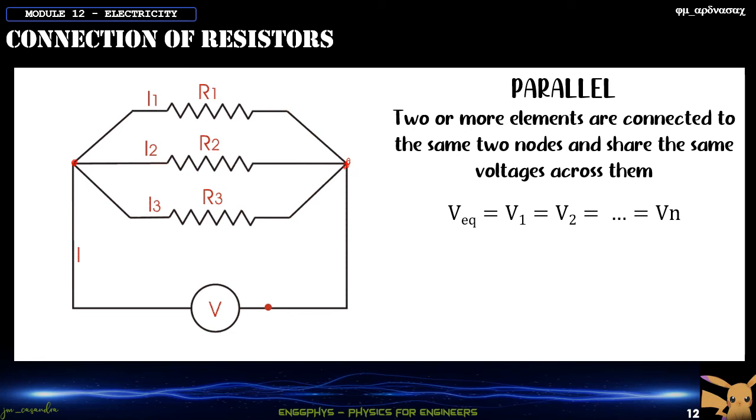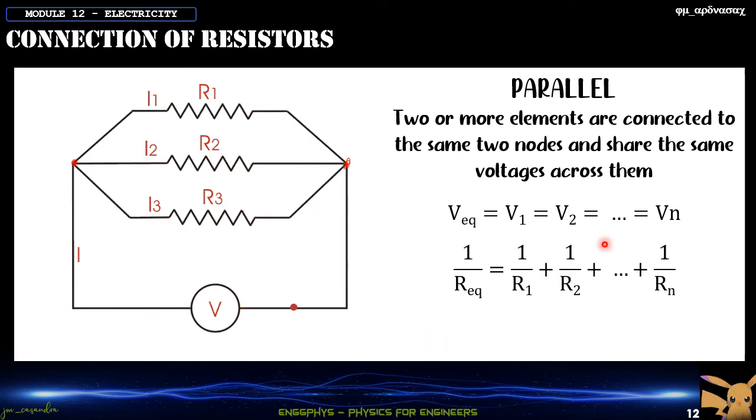Meaning, the total voltage or equivalent voltage is equal to the individual voltages of your resistances. And then also under parallel connection, the reciprocal of your total or equivalent resistance is equal to the sum of the reciprocals of your individual resistances.